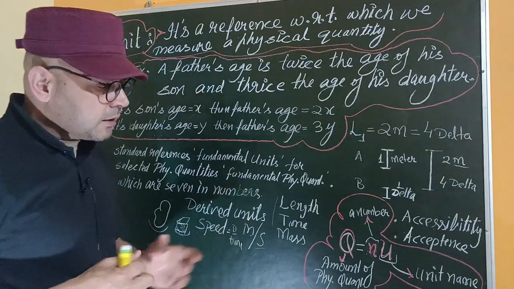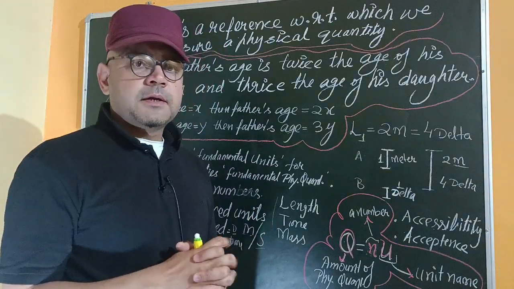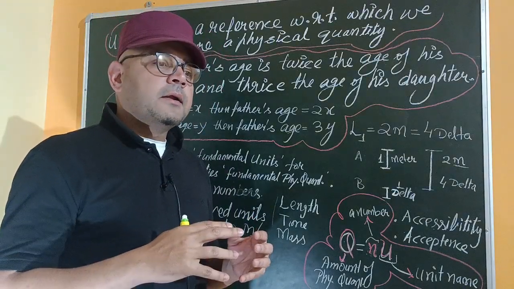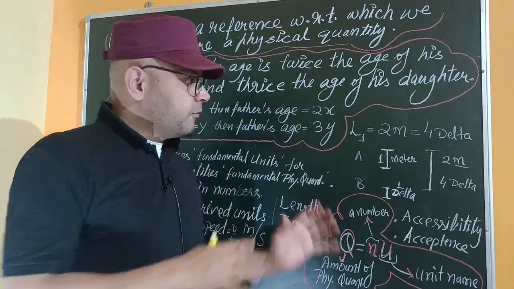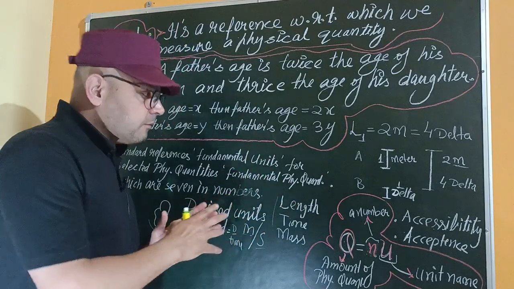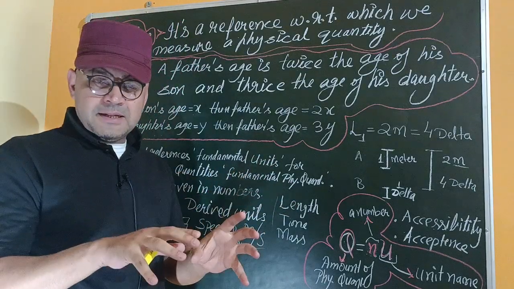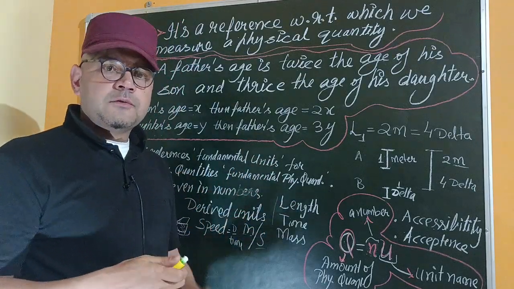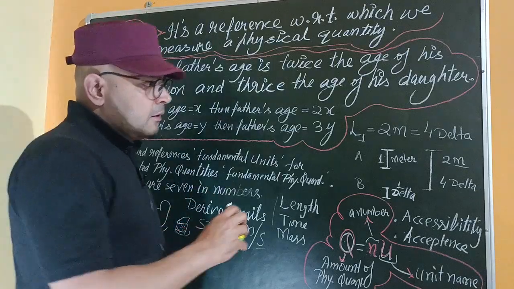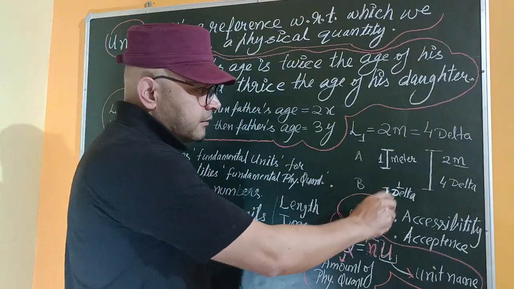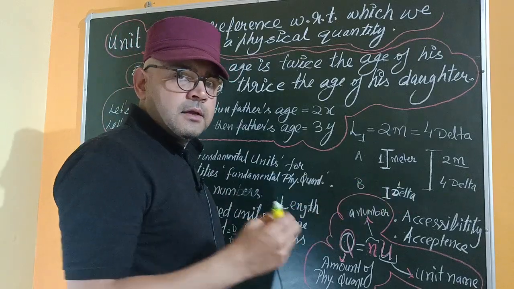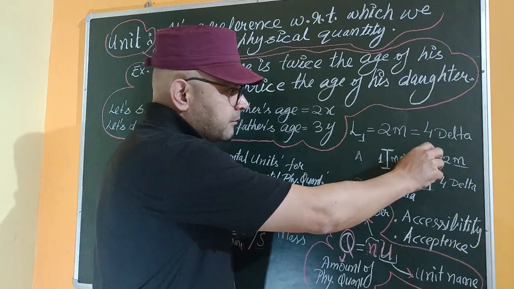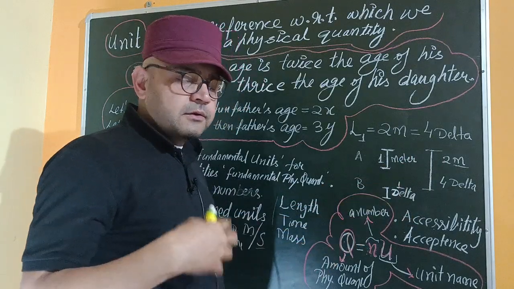Now the last thing, which is the most important. Actually you only require this, but still I want you to have a clear understanding of how physics works. When we measure an amount of physical quantity, this amount does not change.